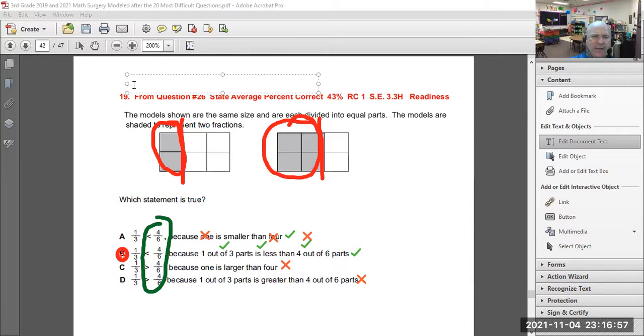So the 19B that you choose in the book will match the 19B that you choose in your Scantron.